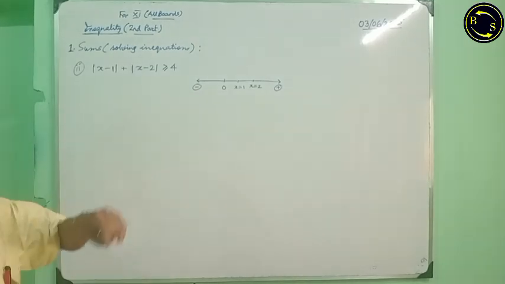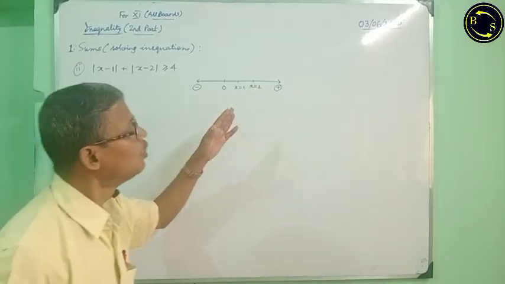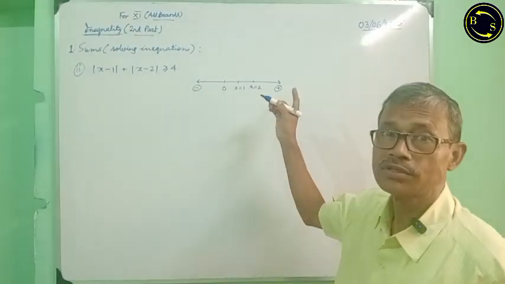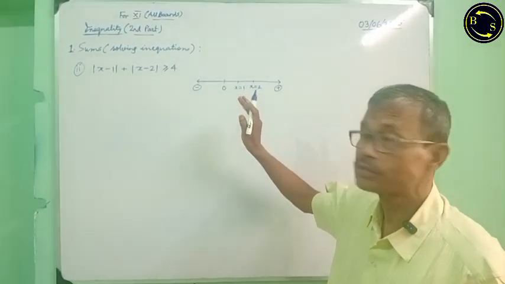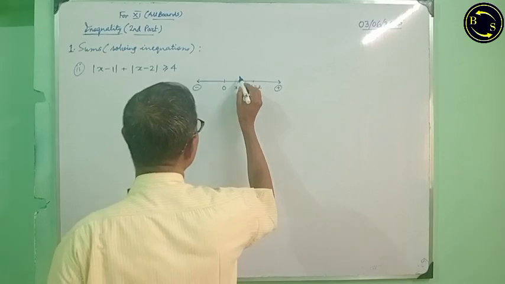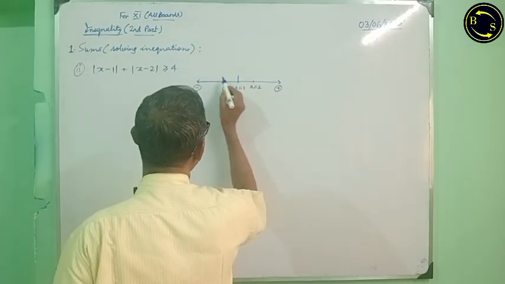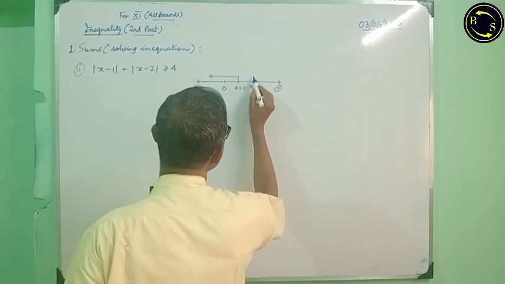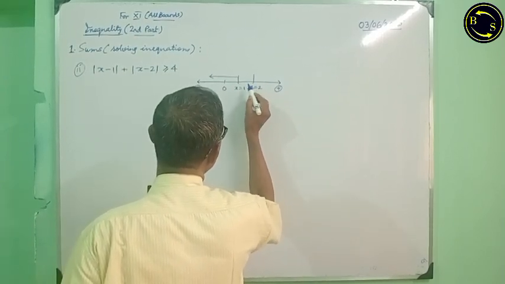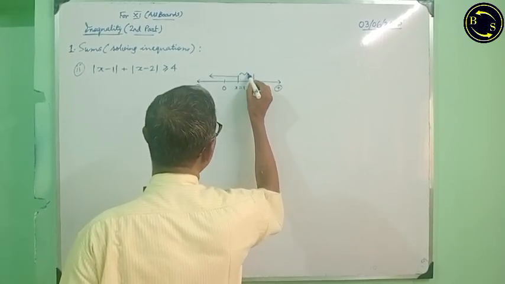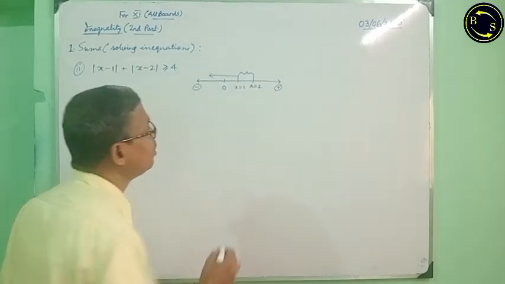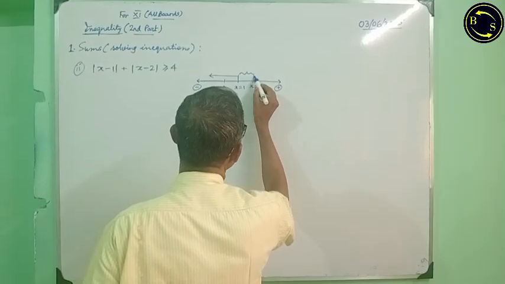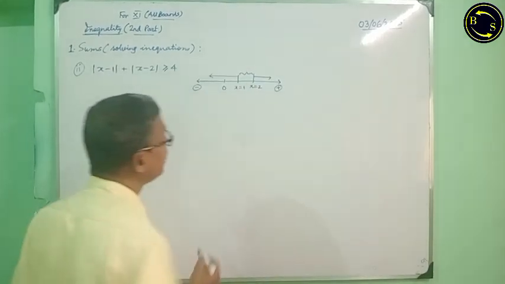Then these two values, x equal to 1 and 2, have divided the number axis or number line into three parts. What are those? Left part of x equal to 1, then 1 less than x less than 2, then x greater than 2.